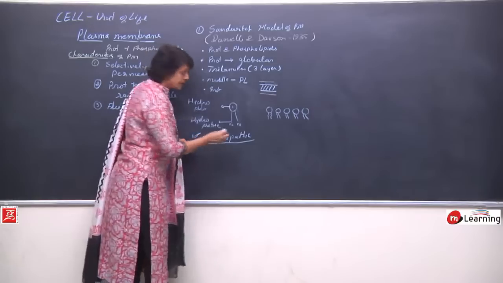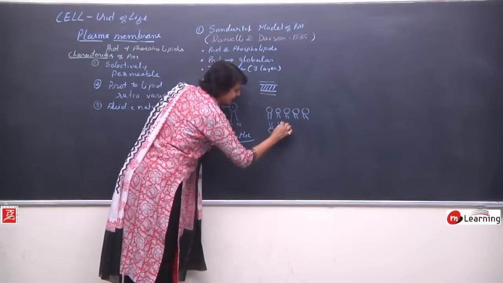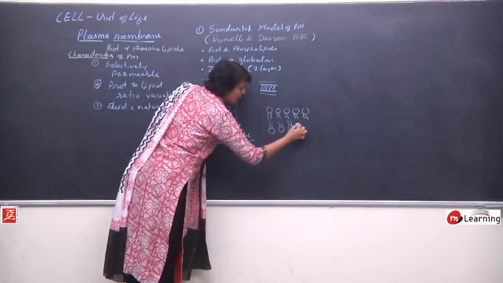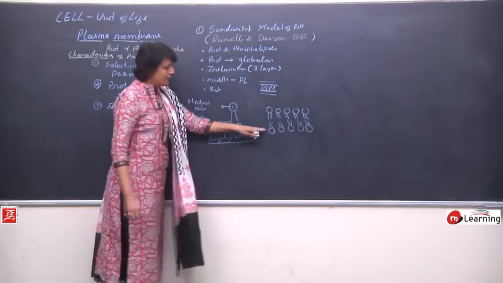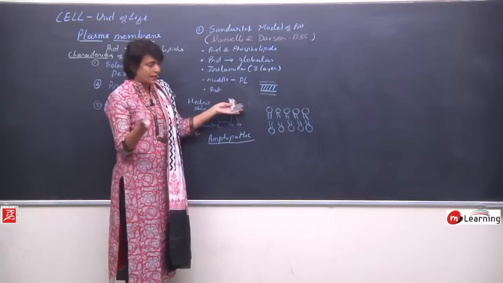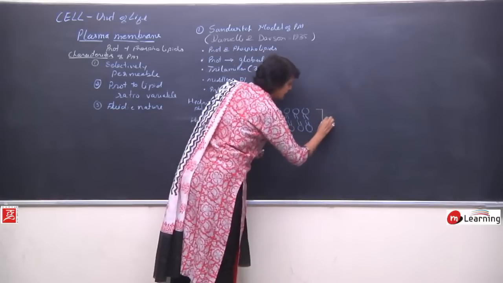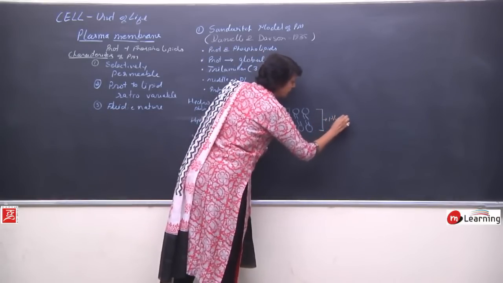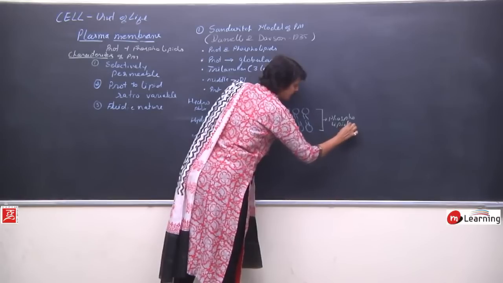The 2 layers are such that the hydrophobic tails face each other and the hydrophilic heads are on the outer side. So this complete thing is the phospholipid bilayer.